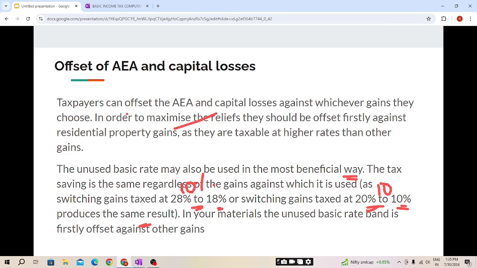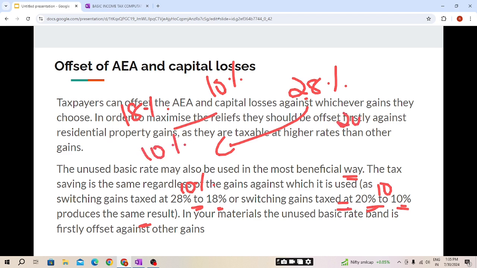If below basic rate, it will be taxed at 18%, above 28%. So if the residential property has been first offset against the AEA and capital losses, the relief will be at 10% only. I hope this is clear. And if it is 10 to 20%, the saving will be 10%.